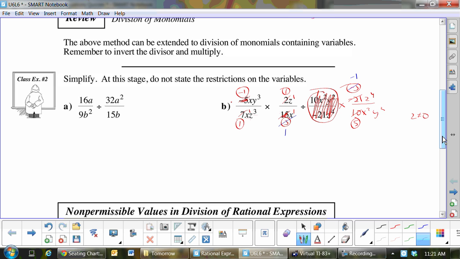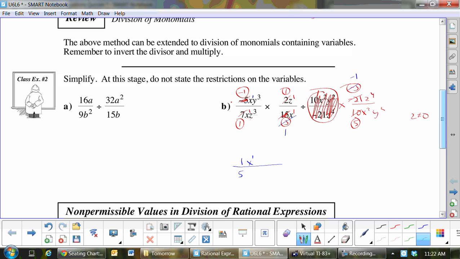So up top now, I am left with, so it's 1 on the bottom, 5. Now, ooh, I forgot a 1. I'm going to put a 1 there over that. Okay? Now let's just get variables together on the top. How many x's up top? 1. So we got x to the 1.